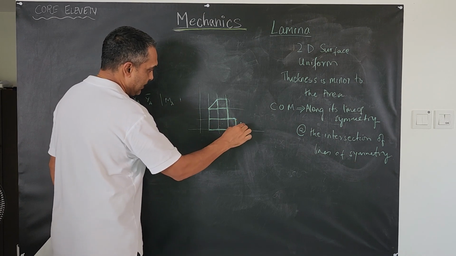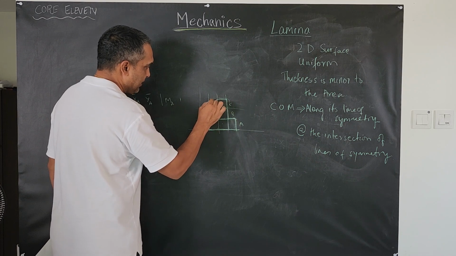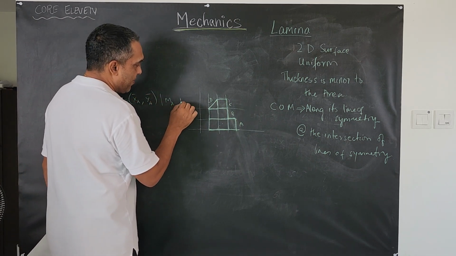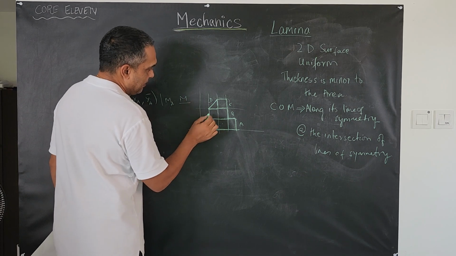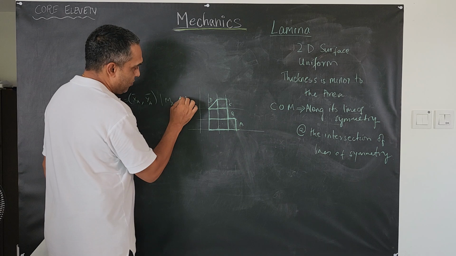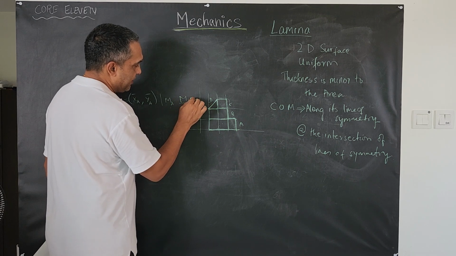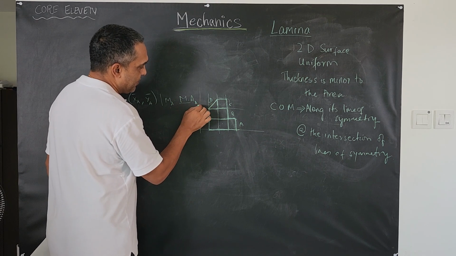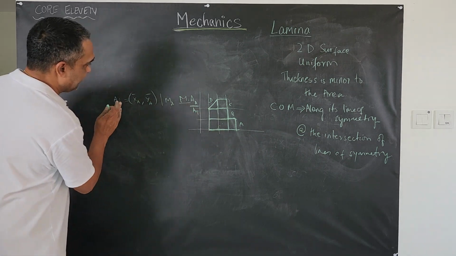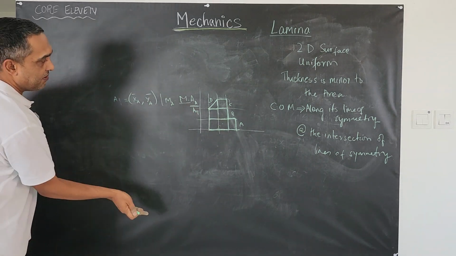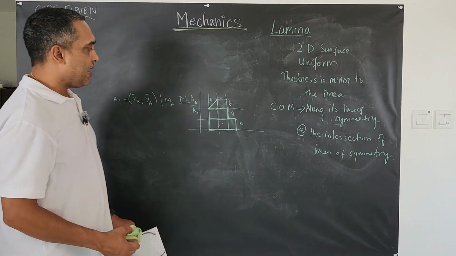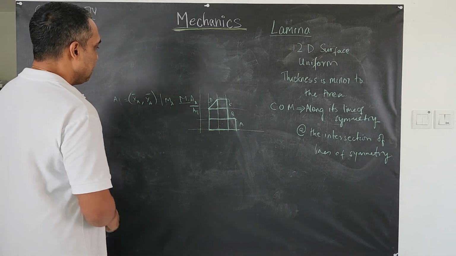So if this is A, and this is B, and this is C, and this is D, you would do for A, you would determine that, and you would say mass of A is whatever is the area ratio of total mass, and then you would do the area ratio, area of A by total area, something like that. And then you would write this down for B and C, and then you would do the math. But be very clear about how you represent this in the exam, so you don't make any mistakes.